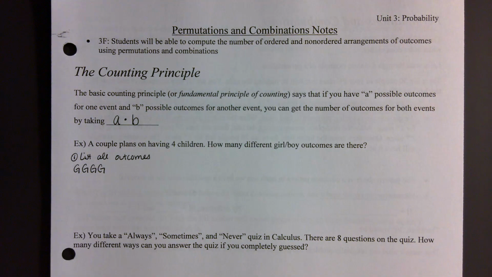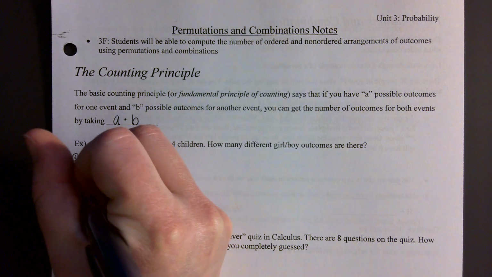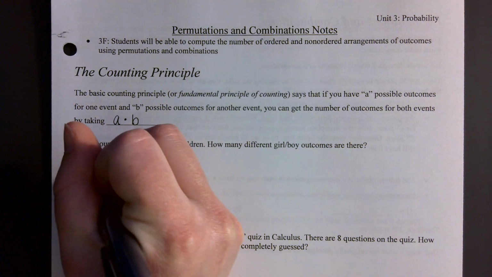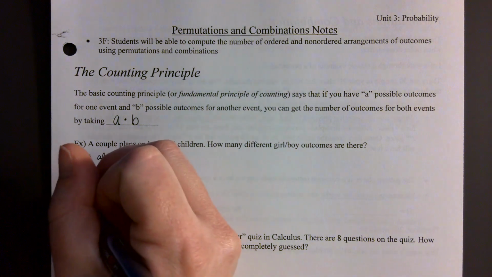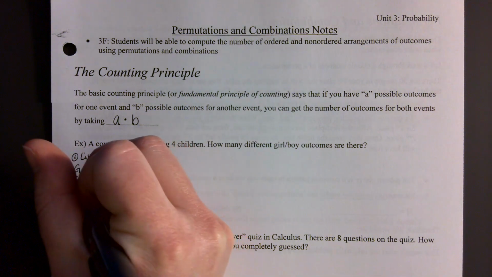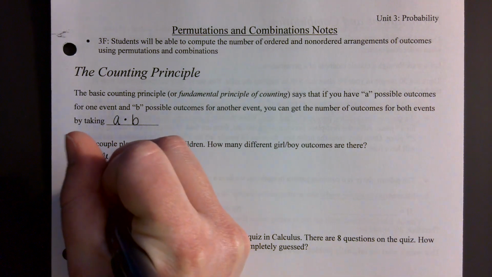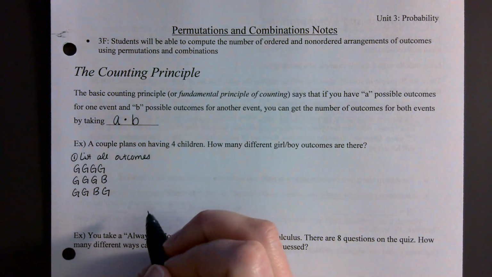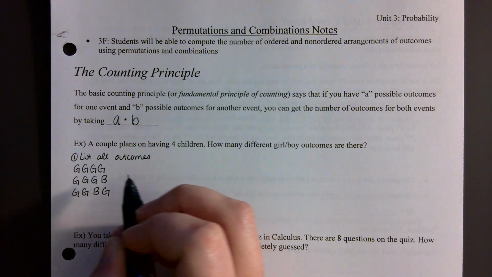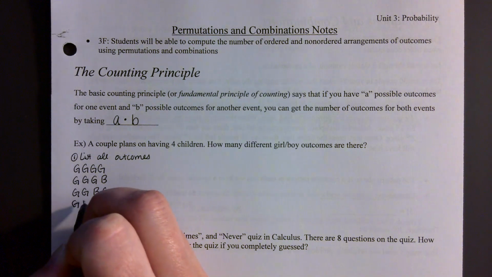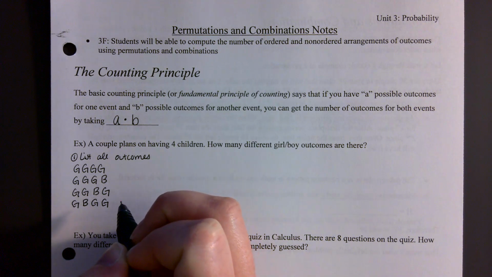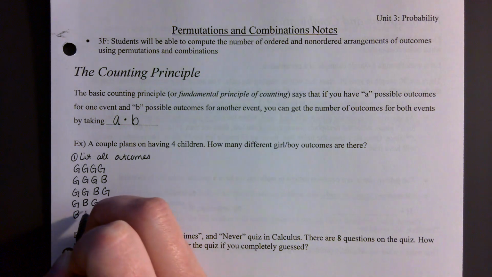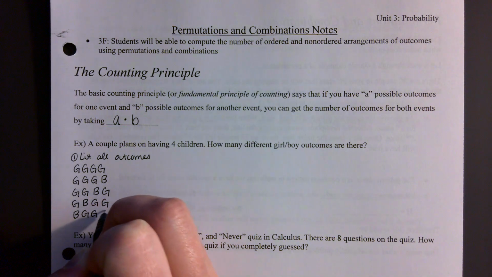We can have 3 girls and then a boy. We can have 2 girls, a boy, and then a girl. We can have a girl, a boy, and 2 girls, or we can have a boy first, and then 3 girls after.